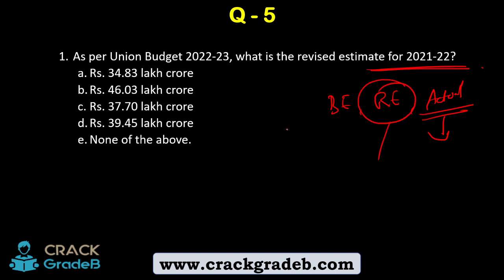For the revised estimate, since we have one month left in the current financial year, FY22, revision comes. Estimate gives an estimate for the next financial year. When the government presents the next budget on 1st February 2023, it will give the revised estimate for this particular year and actuals of the previous year. So it moves like this.